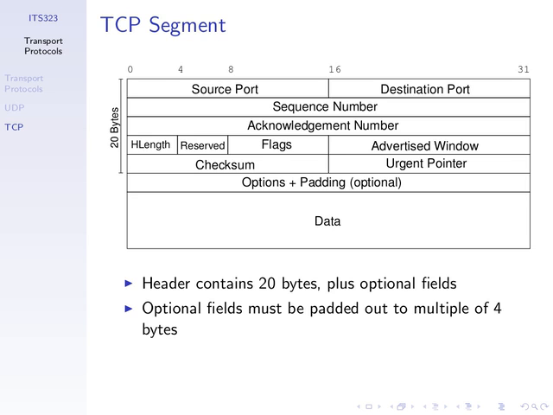You cannot send more than this. That's used in flow control. We have a checksum to check if there's any errors in the segment. Urgent pointer is used for special cases if we want to deliver the data to the destination application with some priority. Some optional fields may be used, and then the data.